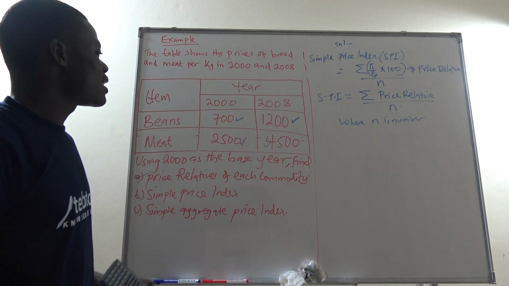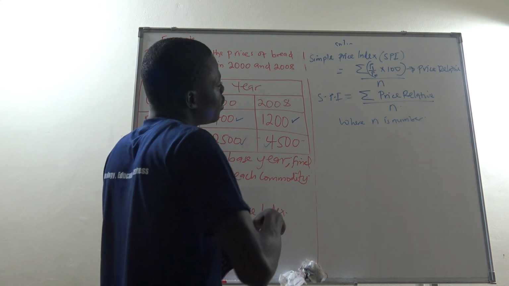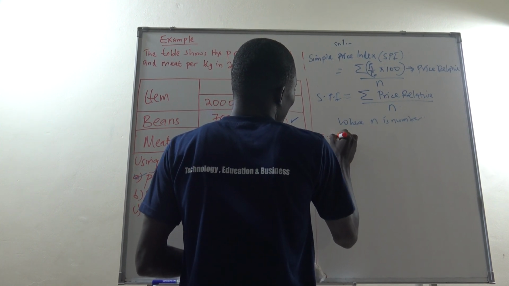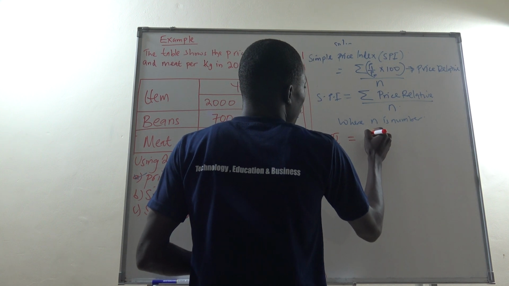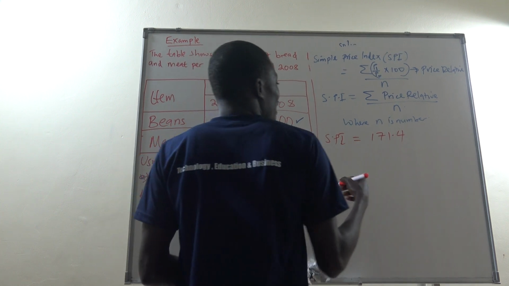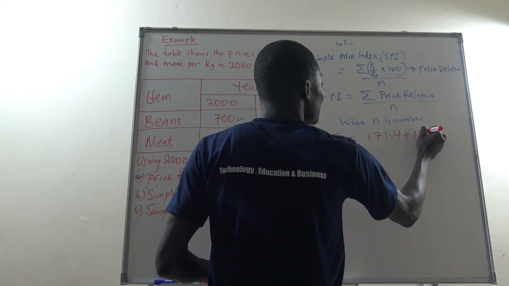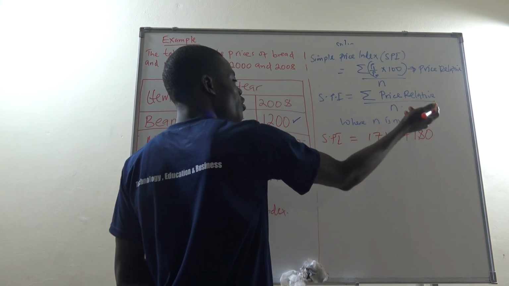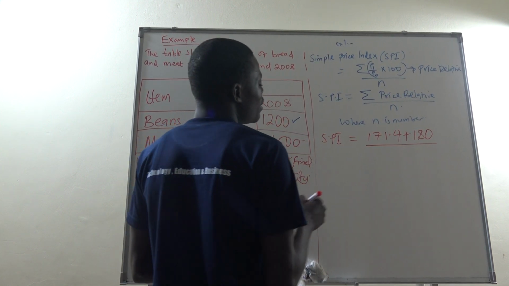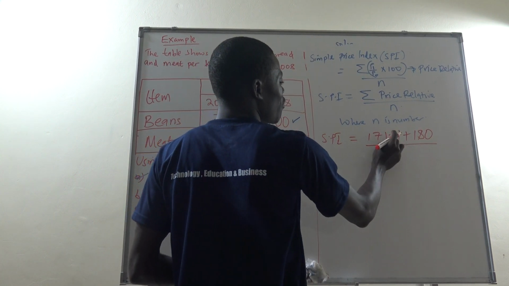So since we got our price indices, we shall have our simple price index equals 171.4286 plus 180. Make sure you put all the decimal places. Divided by how many price relatives are we having? We have 1, 2.